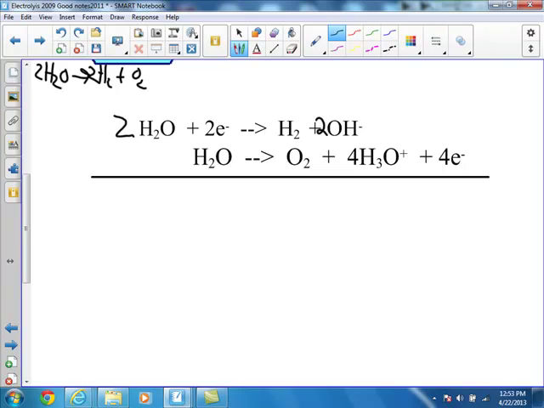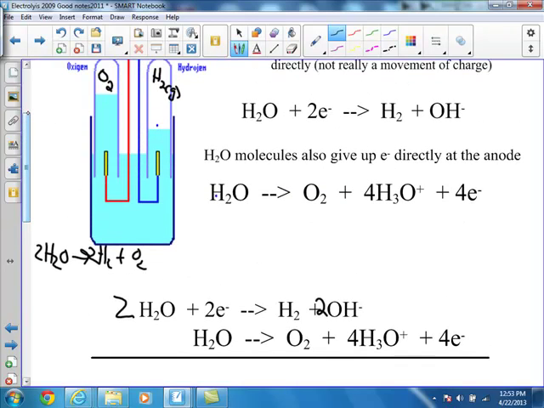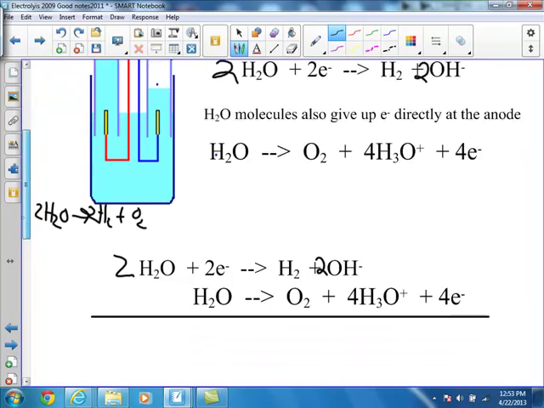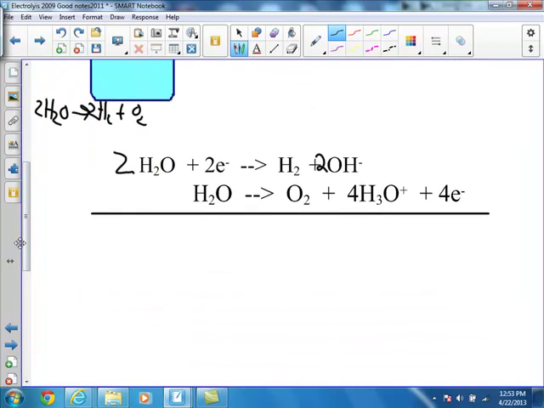I forgot this initially. These should have been a 2 and a 2 way back up there. So this should right now be 2 H2O plus 2 electrons gives me that. What I need to do is balance my electrons, so I need to multiply this one by 2. So that would give me 4, 4, 2, and 4.